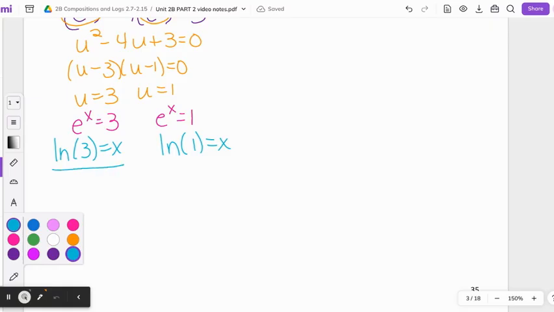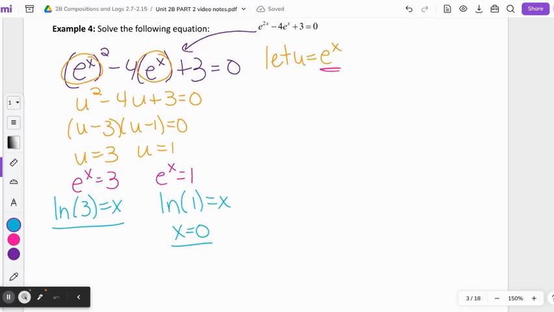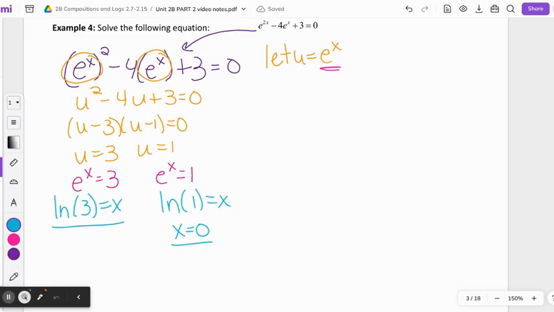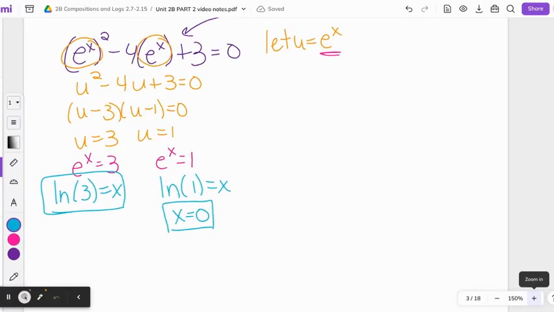All right, I can say this one would just be 0. Both are completely acceptable. And those are the solutions. Leave them in exact form. It's an exponential, so domain is all real numbers, so there's nothing to exclude.